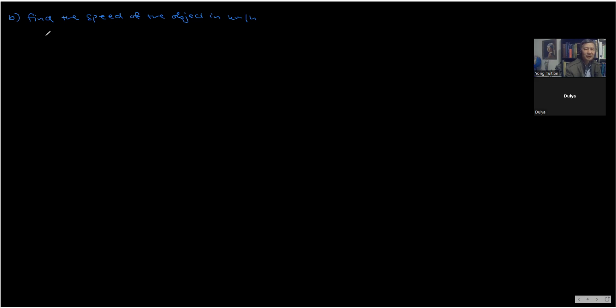That is called speed. How do we find the amplitude? That's right: root of vx squared plus vy squared.